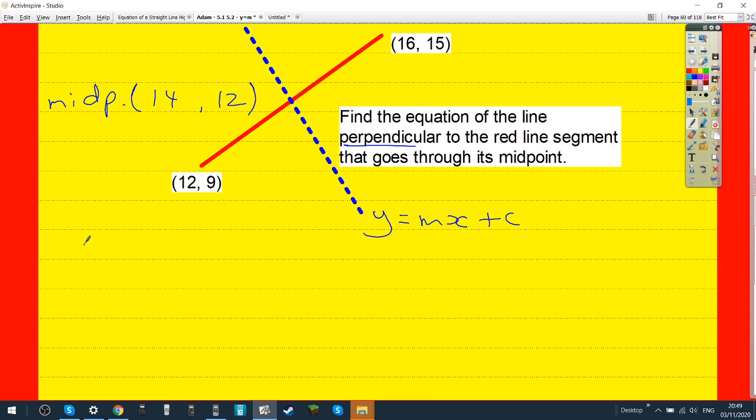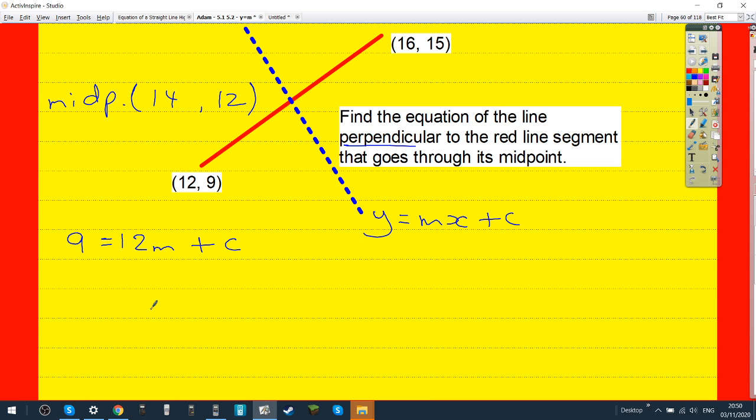Okay. So 9 equals 12m plus c. Mm-hmm. And then do we just want c?